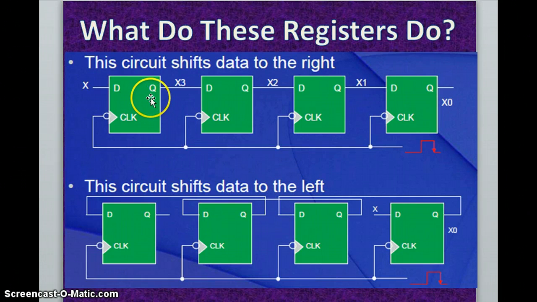It's just Q will always become what D is. So D is the first state, and then you input it, and then Q outputs that.